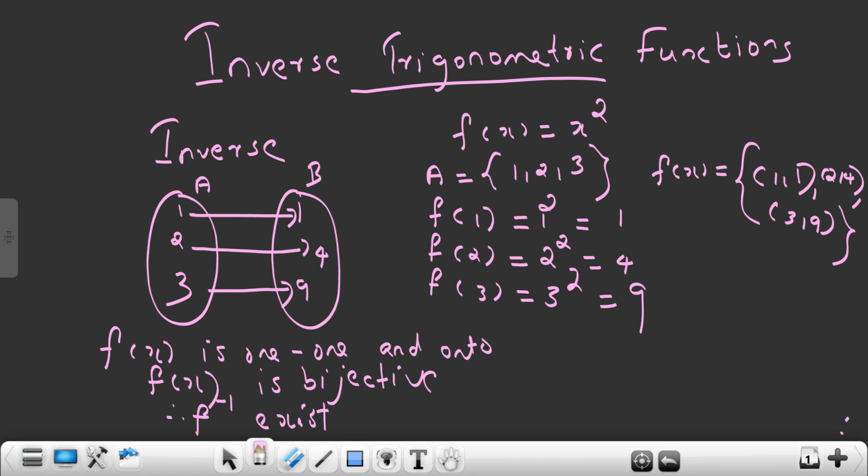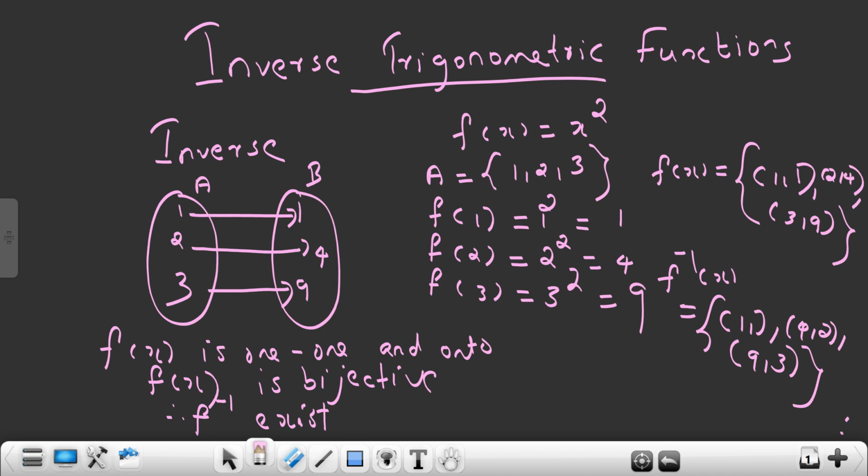The inverse of this function is nothing but interchanging the domain and range. Therefore, this function f inverse of x is (1, 1), then (4, 2), then (9, 3).